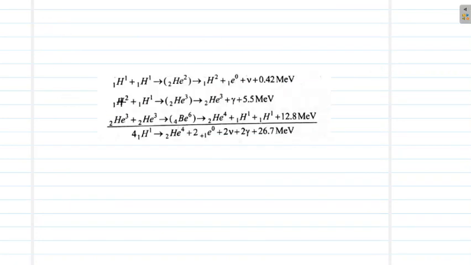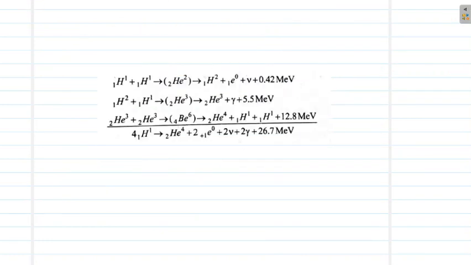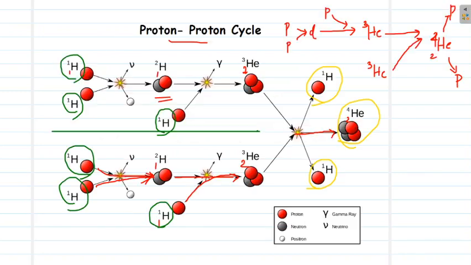so these are the reactions that we have mentioned in the previous slide. First process is combining together of proton and proton to form deuterium. So that is the first step here. 1H1 plus 1H1 gives 1H2 and a positron and a neutrino. Then the second step is 1H2 combining with a 1H1 to form 2He3.